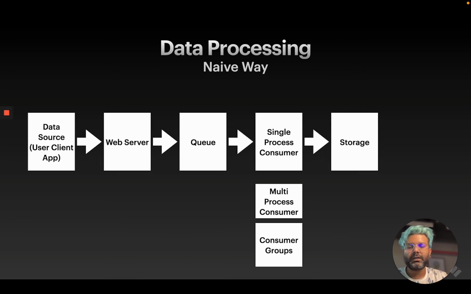The complexity with multi-process is obviously there, because writing a multi-process, multi-threaded program is itself complex. There are so many nuances of inter-process communication that need to be taken care of. And if you want to scale it out horizontally by running it on multiple nodes, then that is not an easy way to go about it.